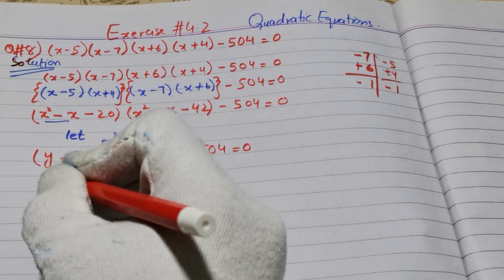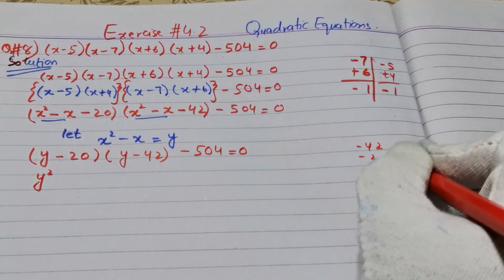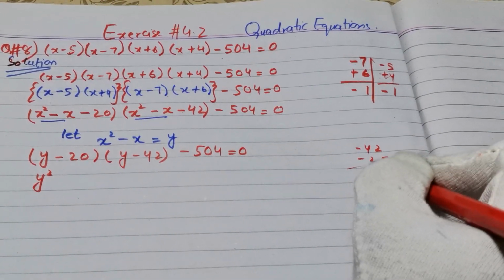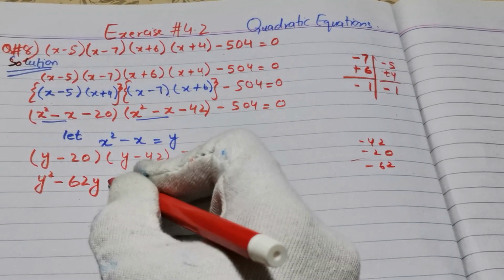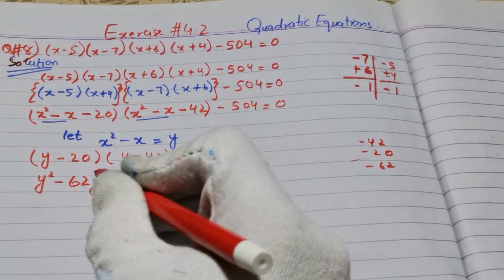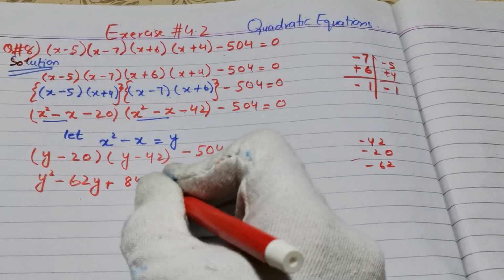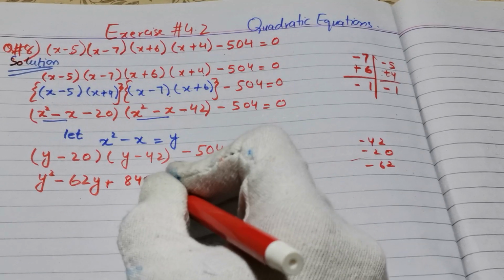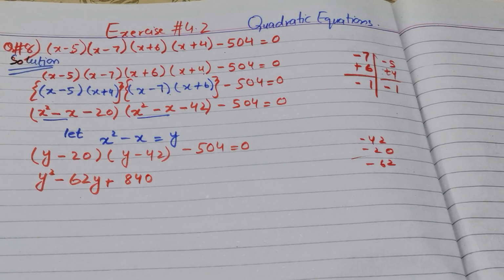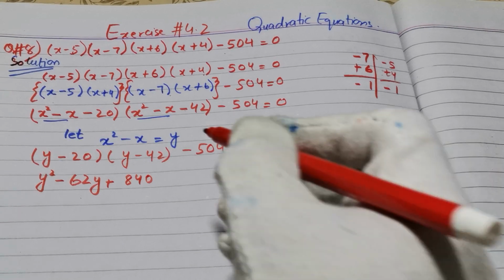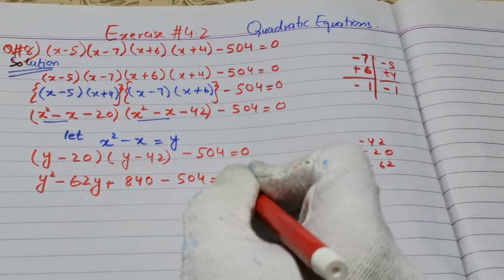If we multiply, what will we get? y square minus 42y minus 20y, which is minus 62y, and minus into minus plus 42 times 20 is 840, minus 504 as it is equal to 0.